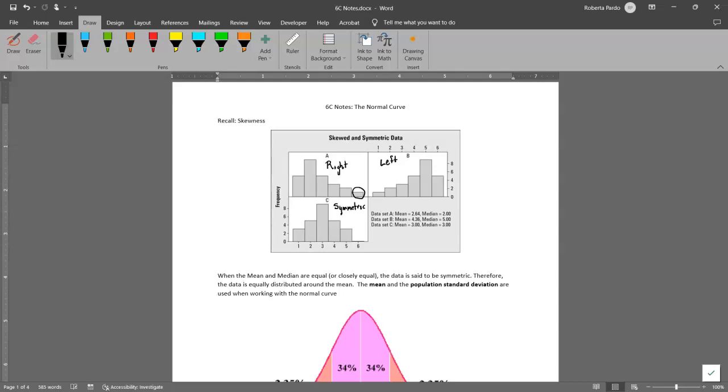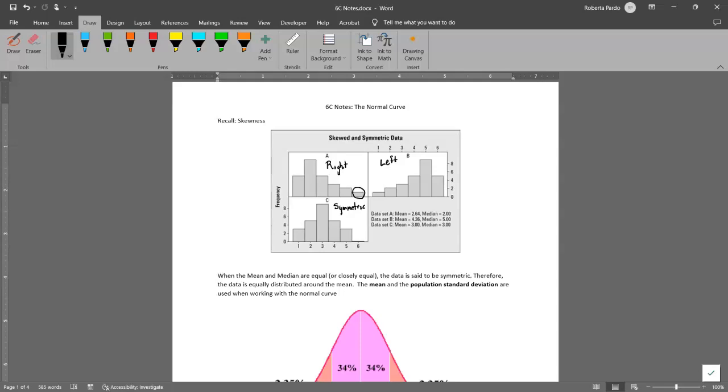Okay, and so when we talk about the normal curve, we're talking about when the mean and the median are equal. When we're using large pieces of data, we can consider it closely equal. And so we know that the data is said to be symmetric, and that's from looking at our histograms.